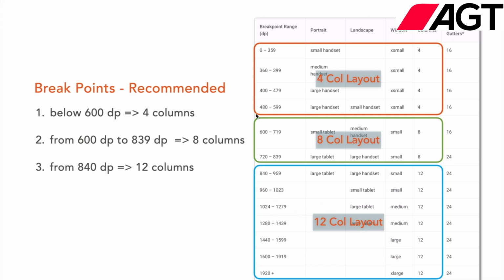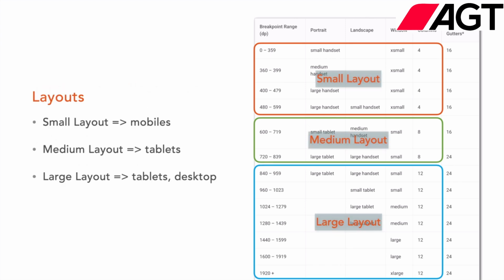And the point at which you are going to switch from the small layout to medium layout is 600 dp, and from medium to large layout is 840 dp. So we are going to define usually 3 layouts and adjust the layout structure, and we will apply the responsive patterns that we will learn in the next session to provide a great user experience for each layout size.